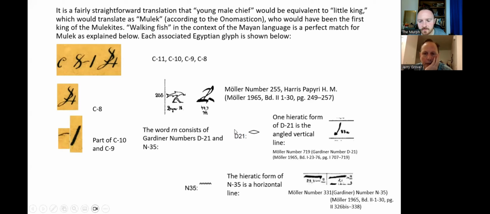And so these two glyphs are what make up that word RN in Egyptian, and it matches, right? So you have a dash and a vertical kind of slant, and then you have a straight dash there. So this first one is kind of administrator. I'll talk about that. And then you have the meaning young, this one here.